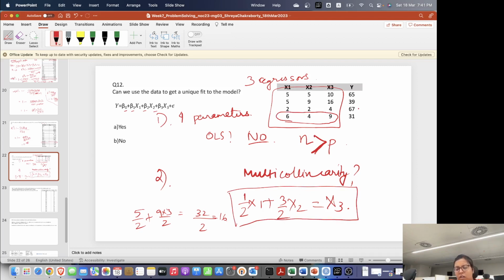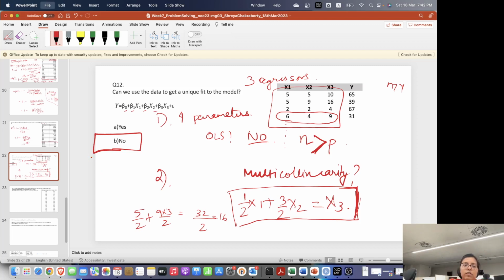So even if we would have had, let's say, something else, if n would have been greater than 4 and this equation holds, there is perfect multicollinearity, then also we would not have been able to get a unique fit to the model. Why?